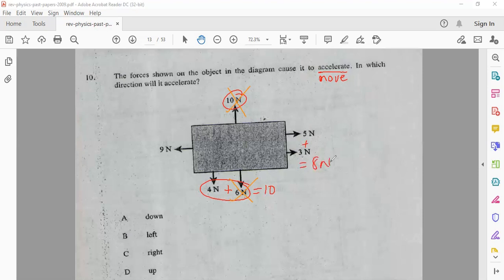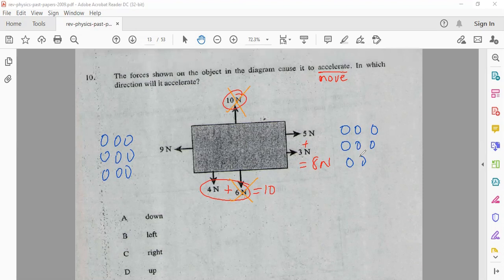Okay, so sometimes it might be easy to look at it like this. Let's say 1, 2, 3, 4, 5, 6, 7, 8, 9 units of force to the left, and 1, 2, 3, 4, 5, 6, 7, 8 units of force to the right. What we're looking for is unbalanced force.